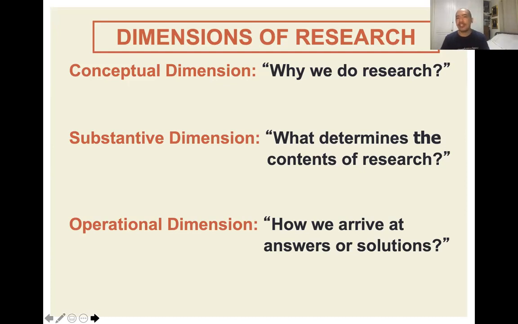And when we say conceptual dimension, this basically begs the question why we do research. Many students sometimes do not understand why we need to do research, but it's very important to consider why we do research. That's the conceptual dimension.